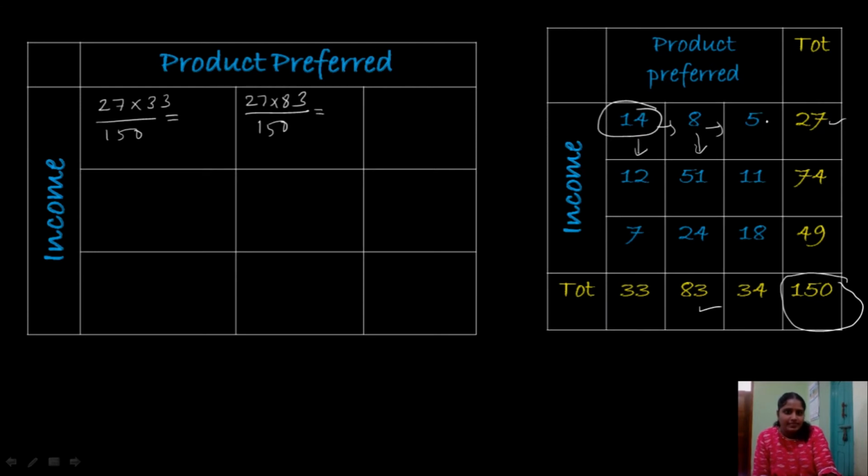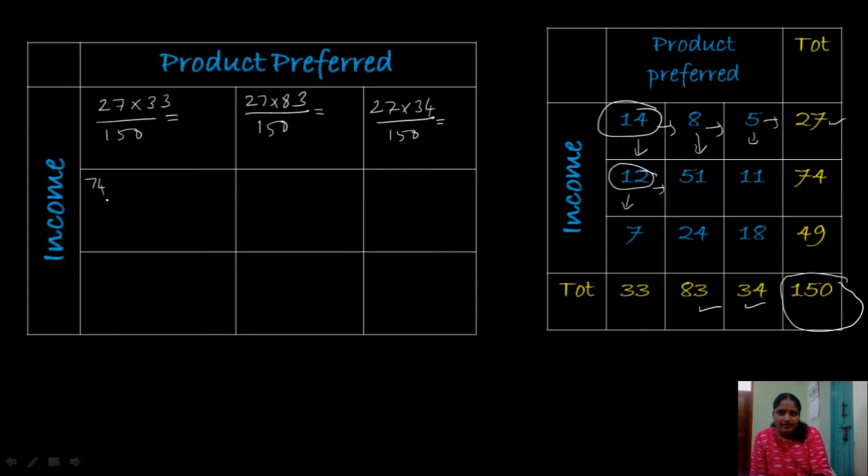And for the next, the expected frequency for the observed frequency 5, you multiply the row total 27 with the column total 34 and divide this by 150. You get the corresponding expected frequency. And for the second row, the expected frequency for the observed frequency 12 is obtained by multiplying its row total.